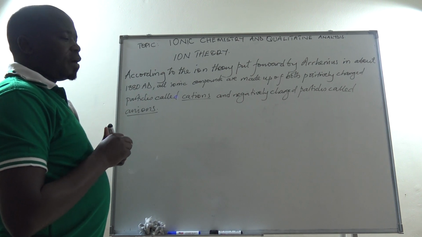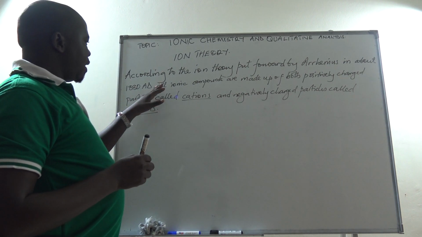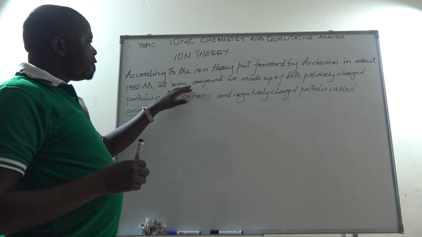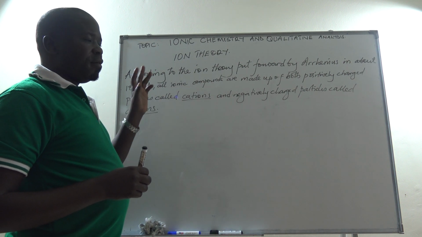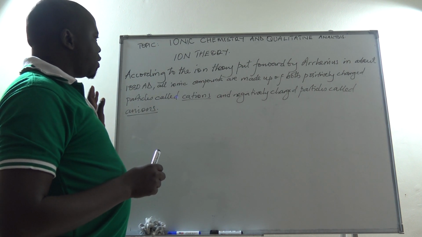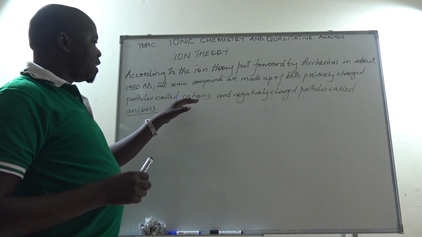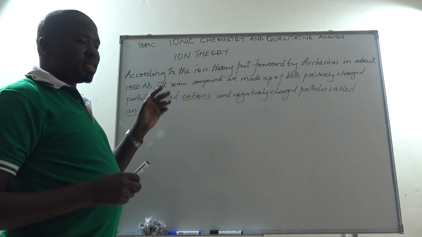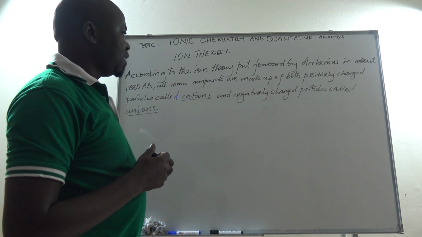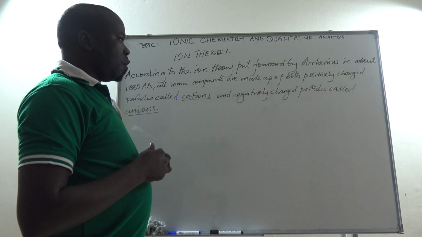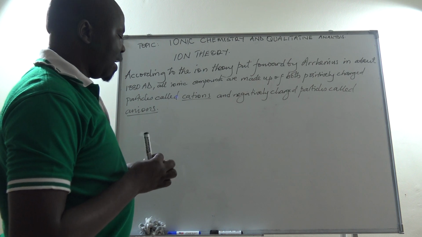So this is what Arrhenius came up with, that in every ionic compound there are the positive particles called the cations. These are positive ions, and then we have the negatively charged ions or particles called the anions.